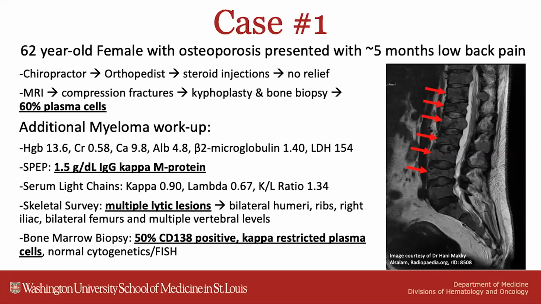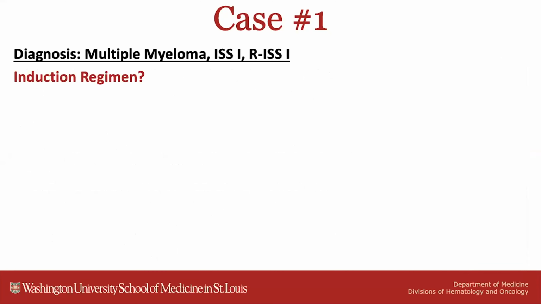And on a bone marrow biopsy, it showed 50% CD138 positive kappa-restricted plasma cells with normal cytogenetics. And so with these data, the diagnosis of multiple myeloma was confirmed, and the patient was categorized as having ISS1 or revised ISS1 staging.